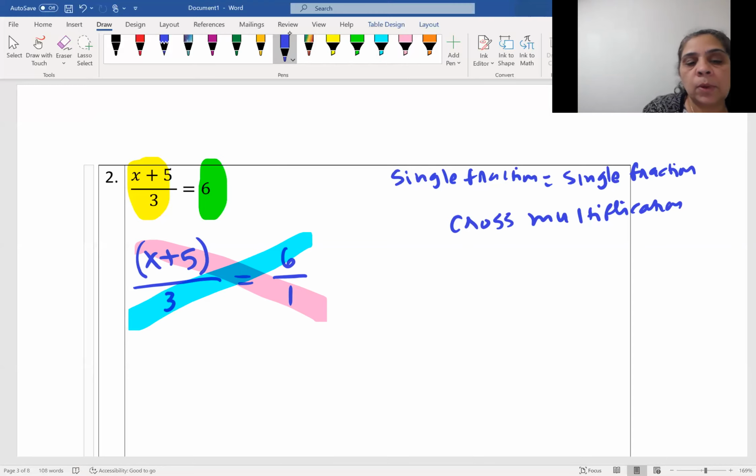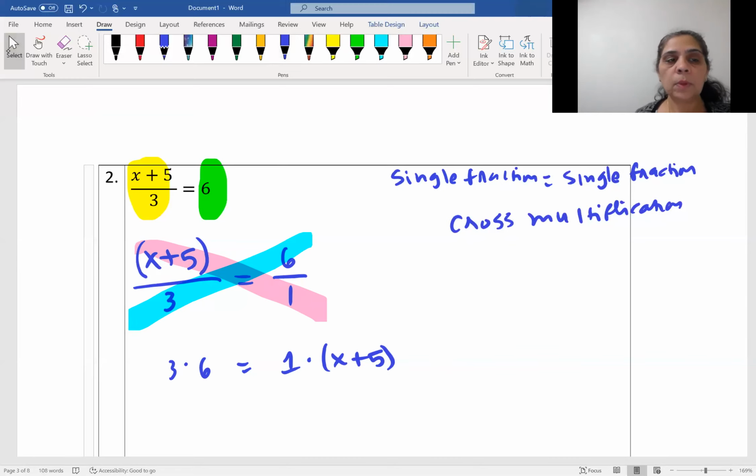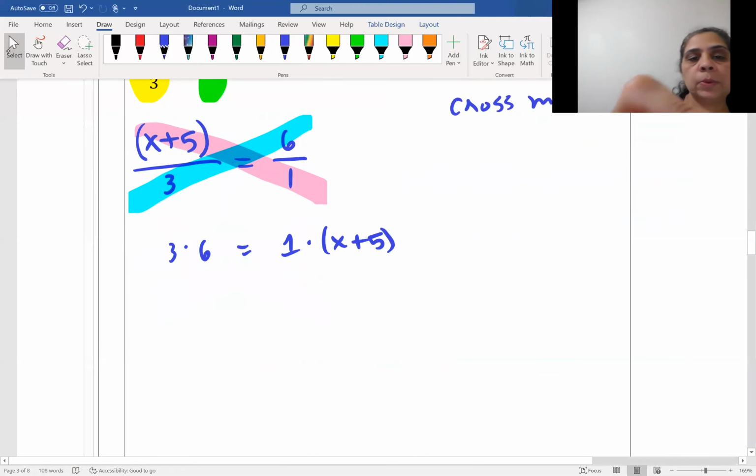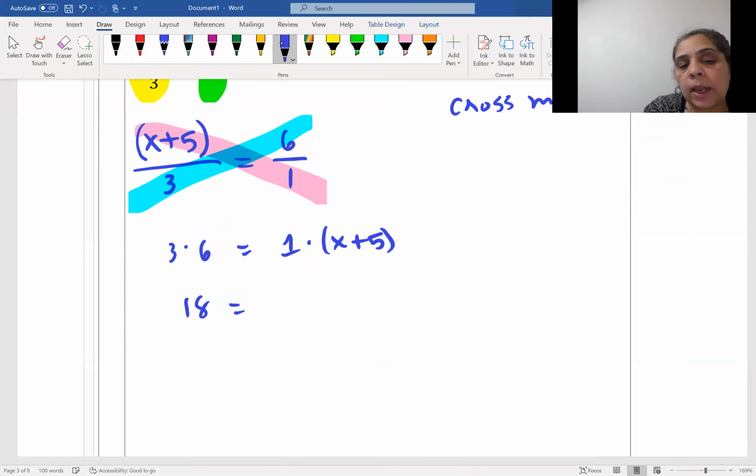Okay, so we can multiply 3 times 6, which is 18. I can write 3 times 6 and I can say 1 times x plus y. So we can do the distributive property. 3 times 6 is 18 equal 1 times anything is exactly the same, so x plus y.